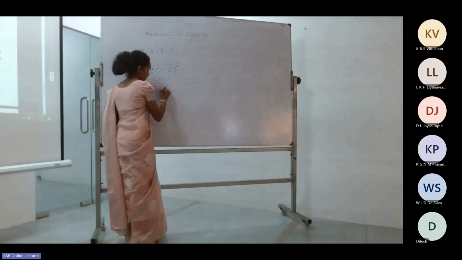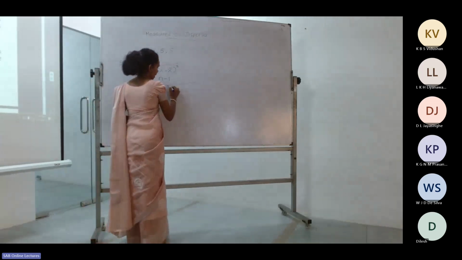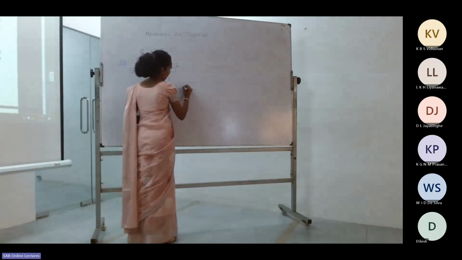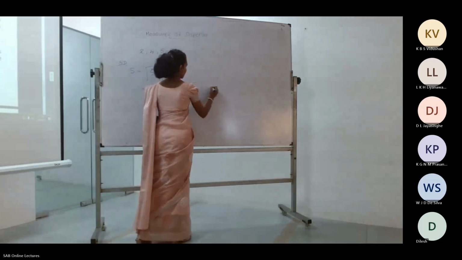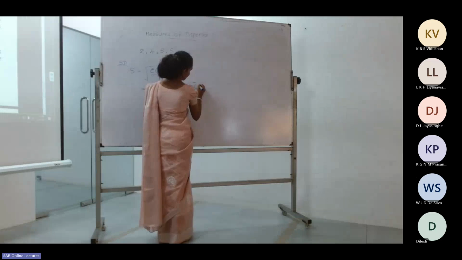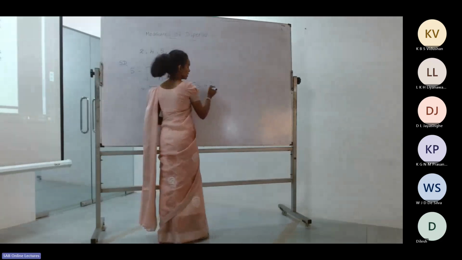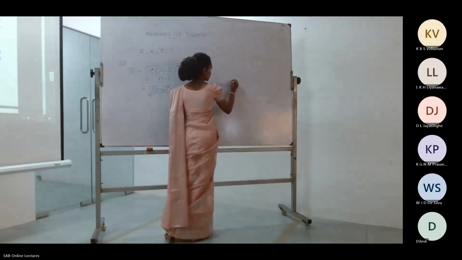So the mean value is 4. Then 2 minus 4 squared, plus the next value, 4 minus the mean squared, plus 5 minus 4 squared, plus again 5 minus 4 squared.